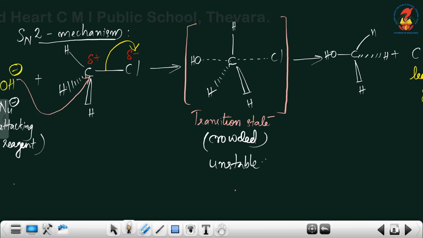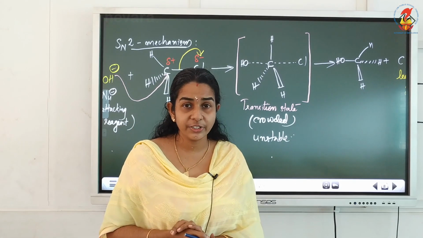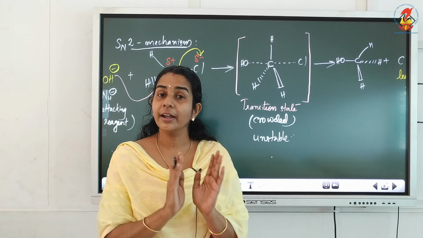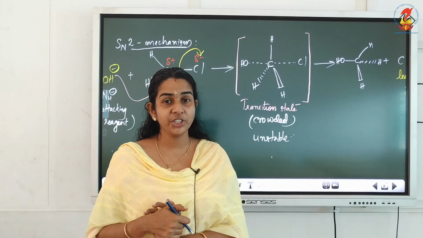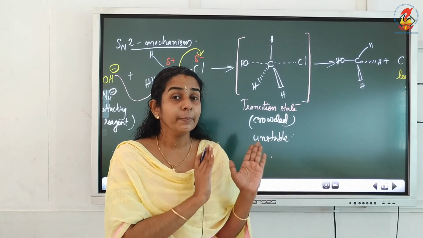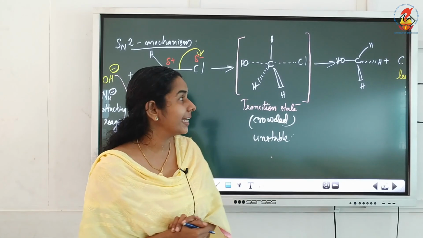We cannot isolate this transition state. So why is it known as a transition state? Because the carbon nucleophile bond formation and the carbon halogen CX bond breaking, both are taking place simultaneously.